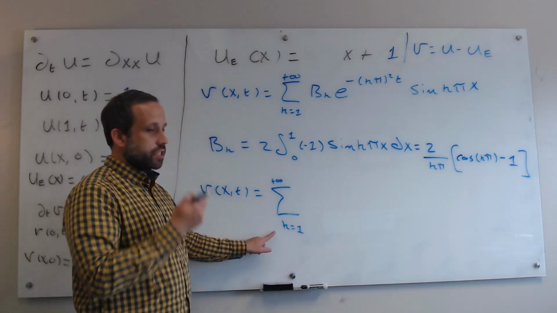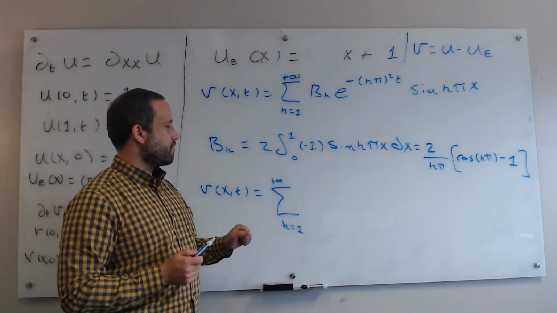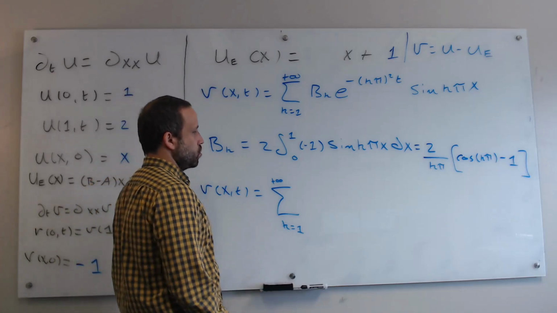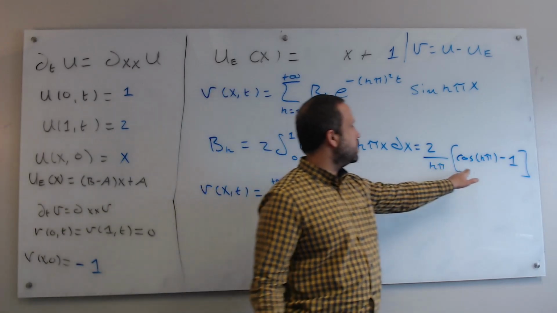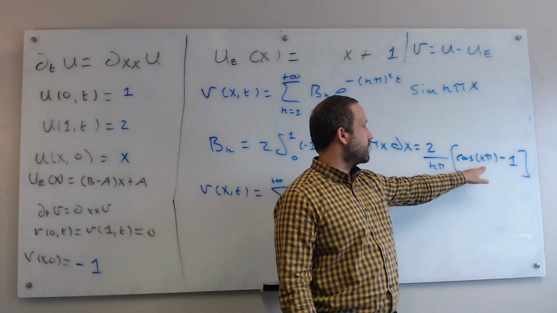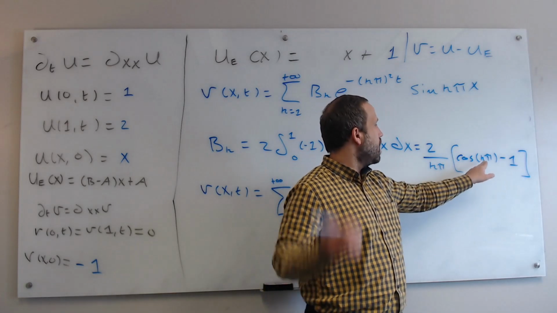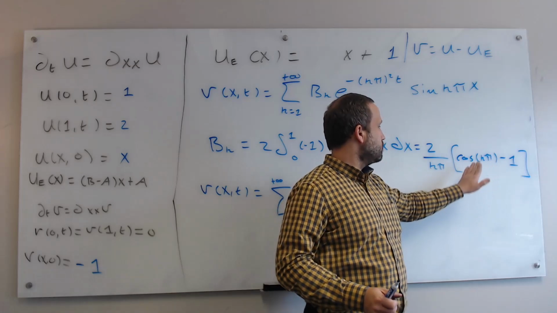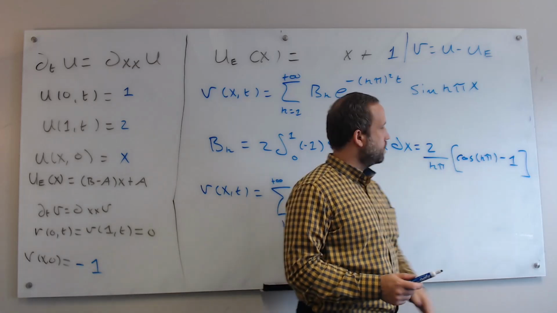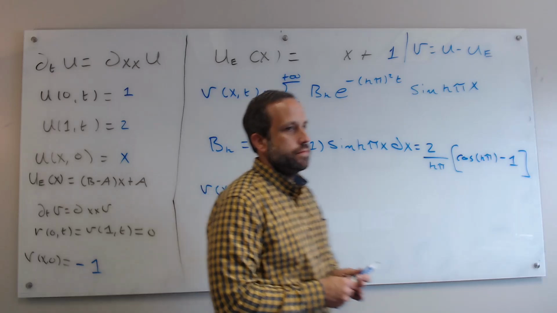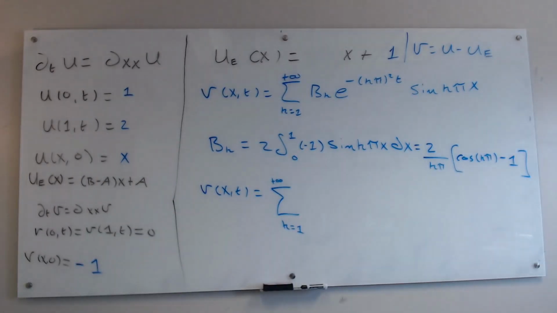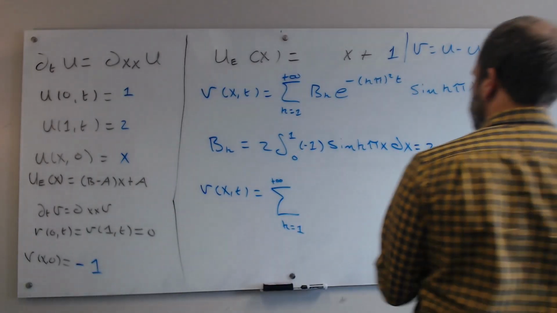I want to only sum over the odd integers. So wherever I see a k, I'm going to replace it with 2k plus 1. Now for the odd integers, this is equal to minus 2, because if k is equal to 1, it's cosine of k pi, so that's minus 1 minus 1, which is equal to minus 2.